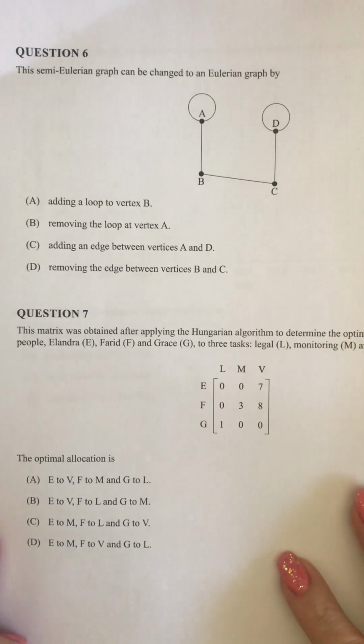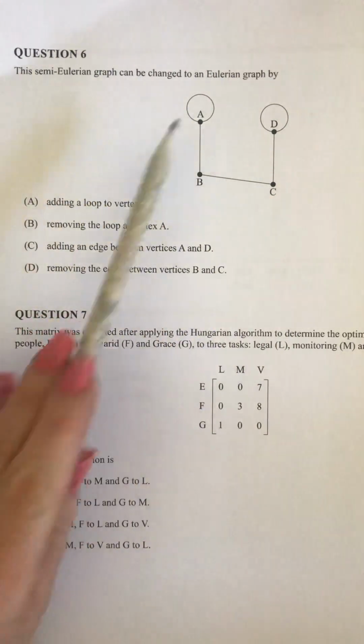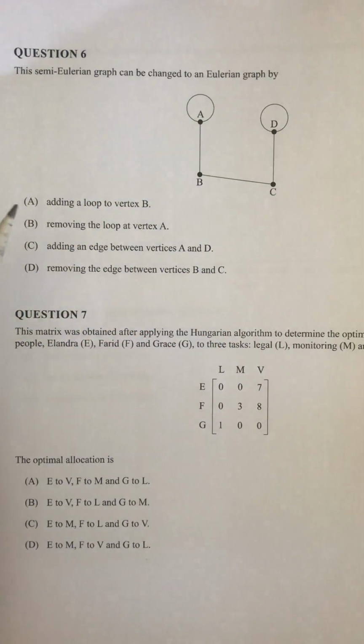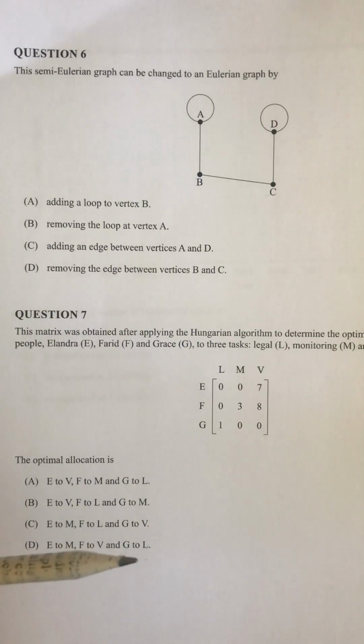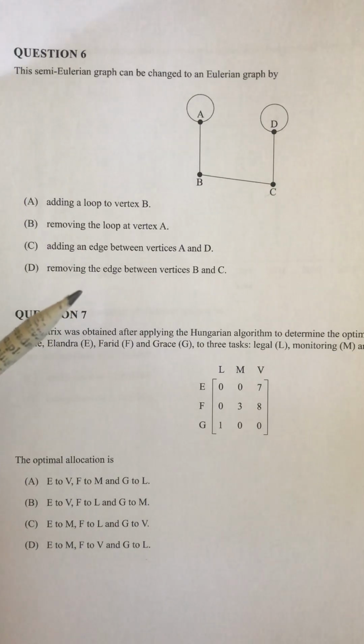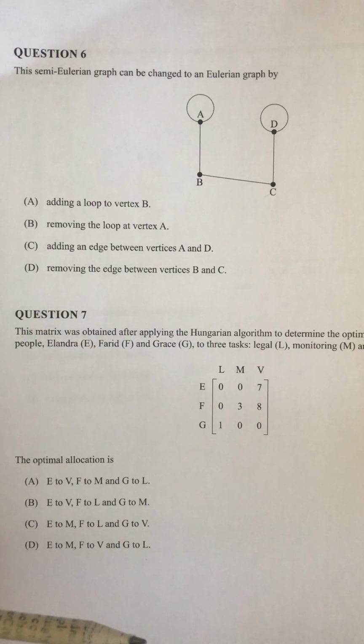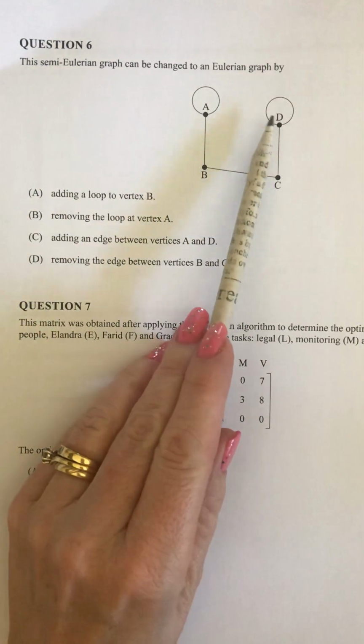Then we've got question 6, our semi-Eulerian graph. We've got here can be changed to an Eulerian graph by doing something. So for our Eulerian, we want all even orders for our vertices. So here we've got all even. Here we've got 1, 2.